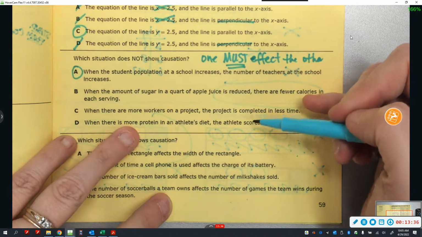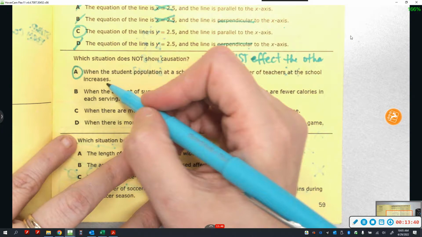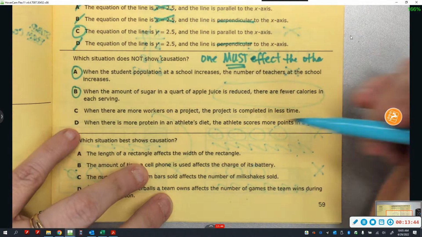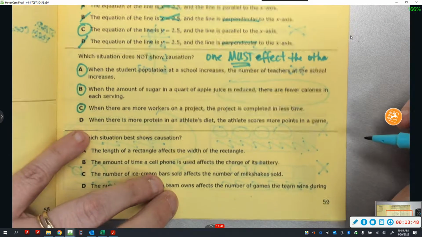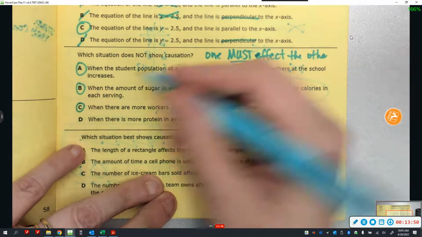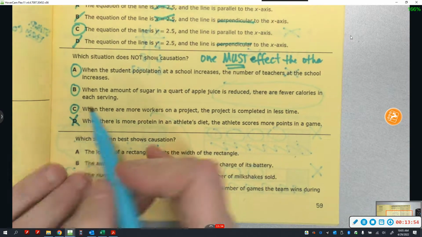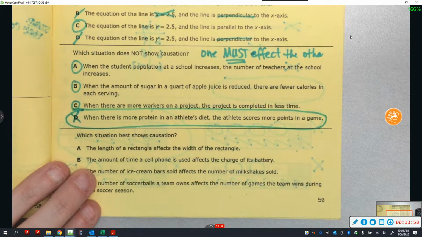So if I have more sugar or less sugar, must there be fewer calories? Yeah. When there are more workers on a project, will it be completed in less time? Yeah. When there's more protein in a diet, does that mean they're going to score more points in a game? No. So what's the answer? The answer is D, even though I circled A, B, and C.